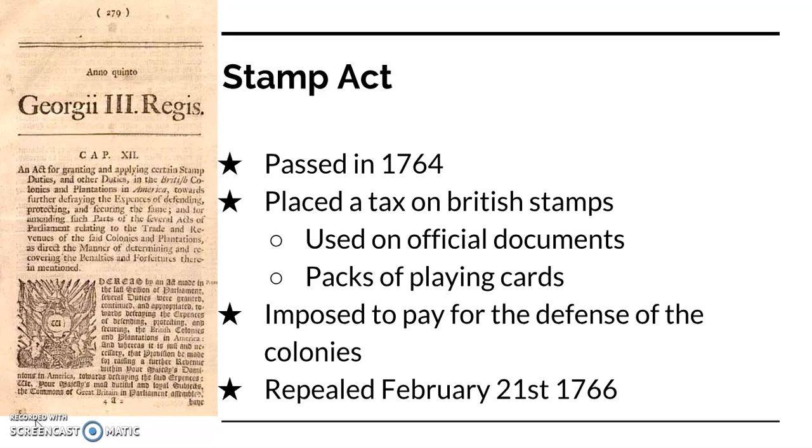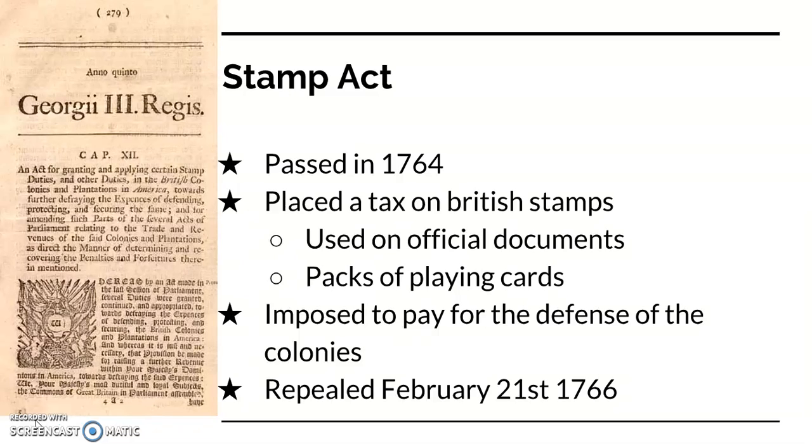So first things first, the Stamp Act was passed in 1764. It placed a tax on British stamps. These stamps are important because they were used on all official documents.